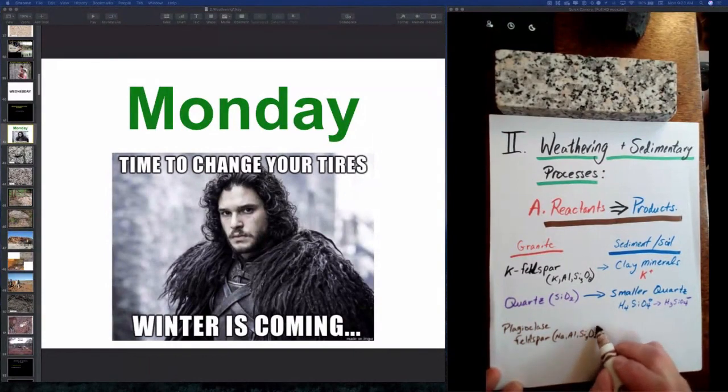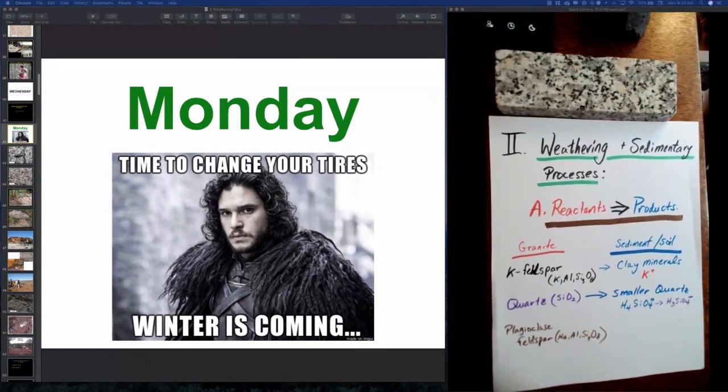And it can have that kind of a formula. If you start substituting calcium for the sodium, the oxygen balance has to change a little bit, and the numbers are a little bit different, but that's not important. Plagioclase feldspar, the other big component of granite, is going to have sodium in the case of granite, and as you go to more mafic rocks like basalt, you substitute calcium instead of the sodium. Okay, so sodium, aluminum, silicon, and oxygen.